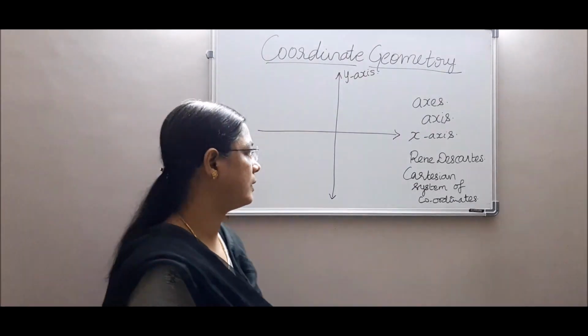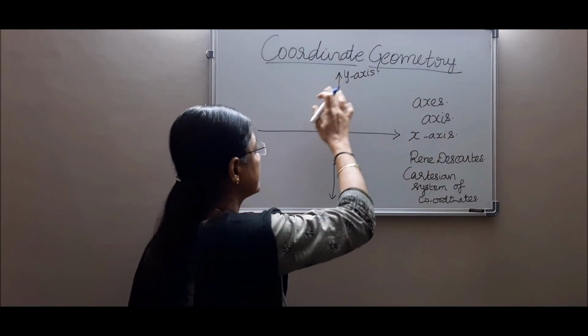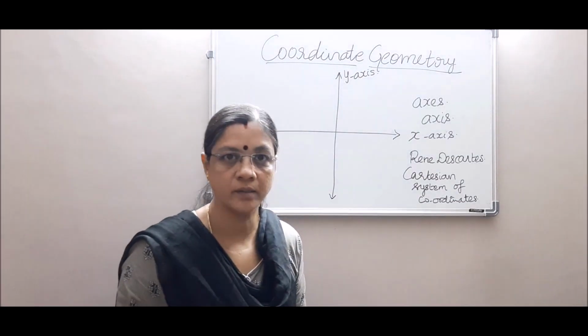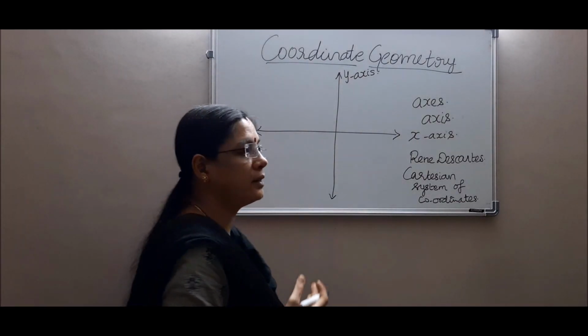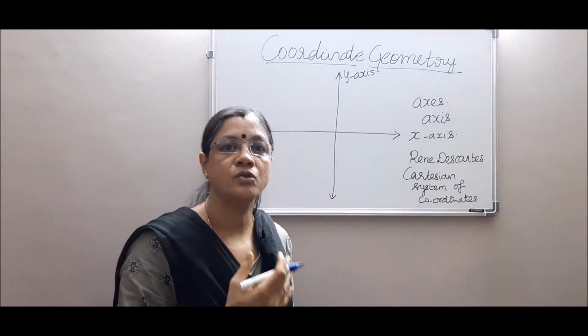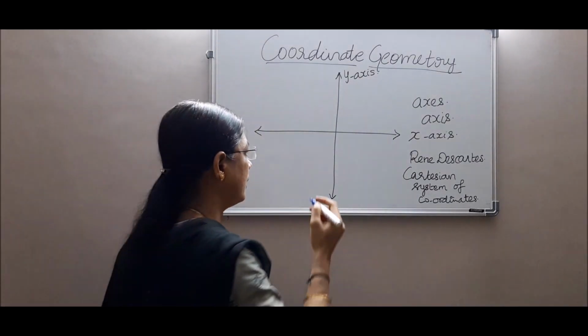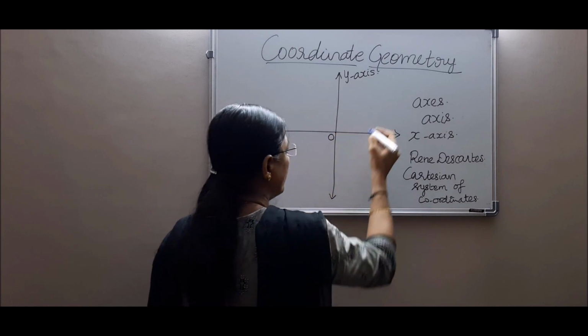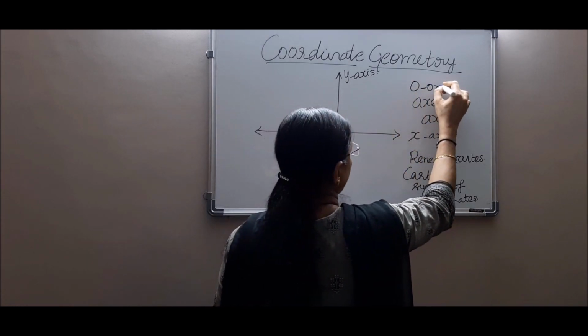Now we have learned about the axes, that is the x-axis and y-axis. For reference, to mark a point, we have the vertical y-axis and the horizontal x-axis, which are perpendicular. Now they meet at some particular point, isn't it? This is marked as O, or this is called the origin.